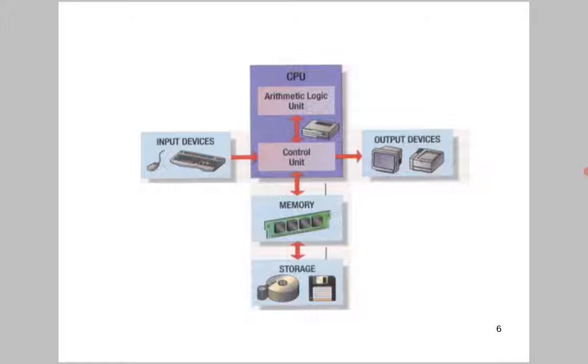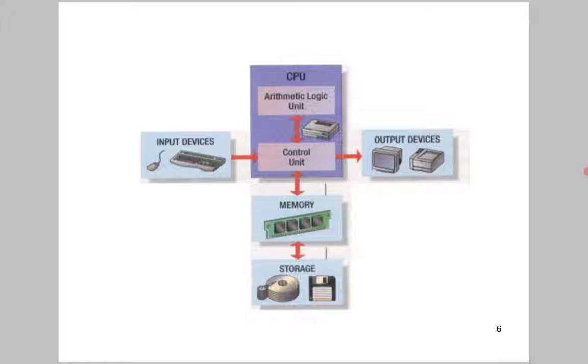This is the internal working block diagram of a computer. Using input devices, some of the input devices we may directly connect to the CPU or central processing unit, and the CPU contains the arithmetic logic unit, control unit and processor.